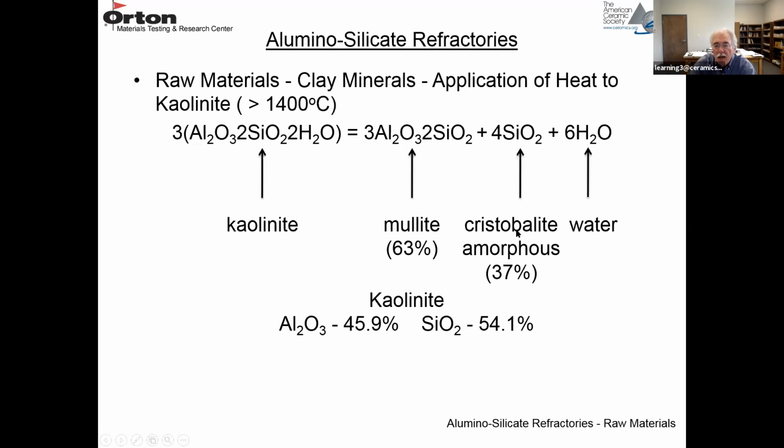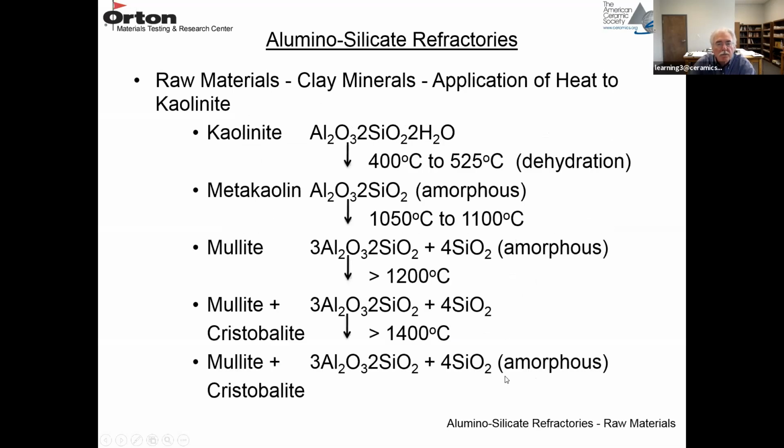Depending on the temperature and how long you hold it, it may be in crystalline form cristobalite, or maybe amorphous, or something in between. So you end up with 63% mullite and 37% silica. Those are the percentages of the phases, and kaolinite has about 46% alumina and 54% silica after you drive off the water. So these are the final products.